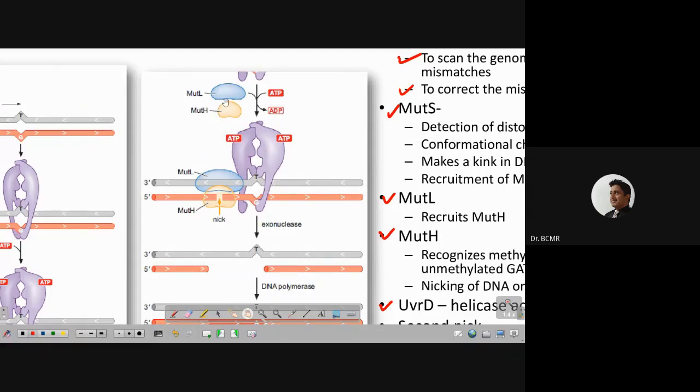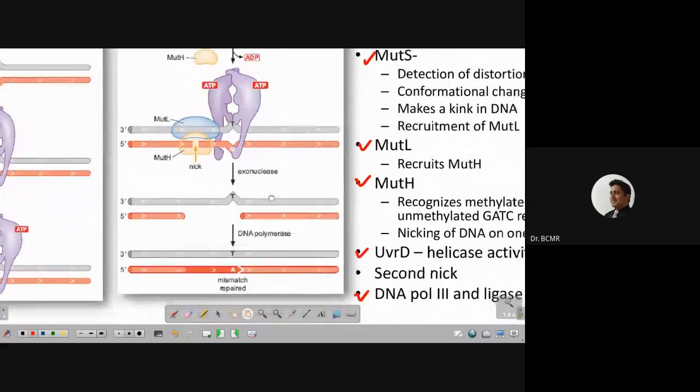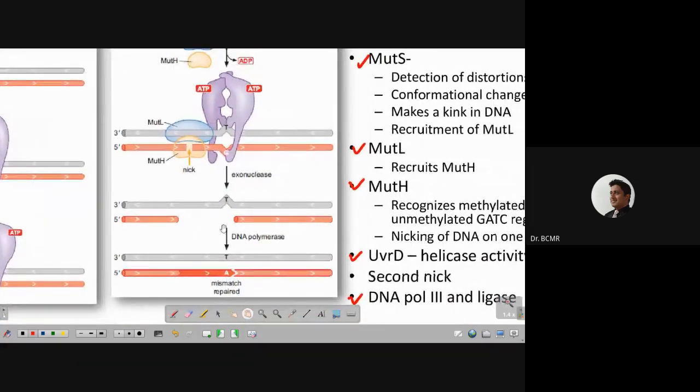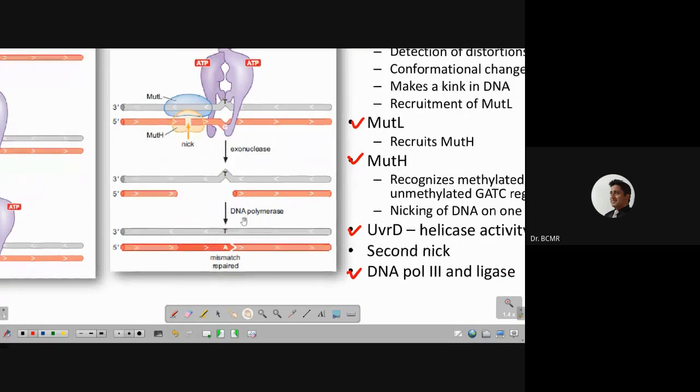So MutL makes the interaction with MutS, and then MutH binds to that place and makes a nick. And then UvrD, using its helicase activity, will unwind the DNA here, and it is excised by exonucleases. And there will be a second nick, and then eventually there will be filling up by DNA polymerase, and by using ligase, the DNA is sealed.